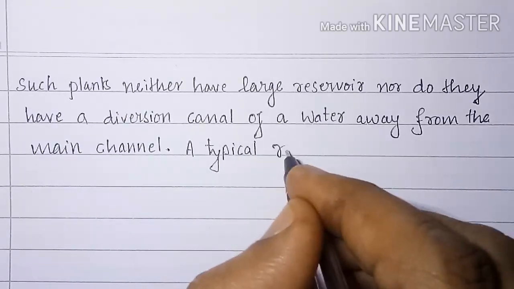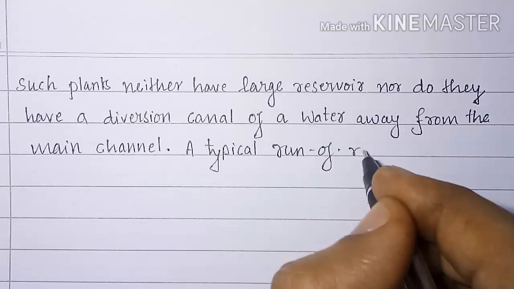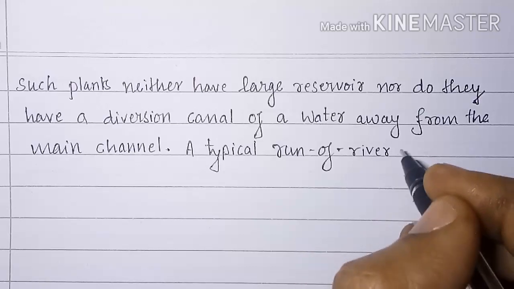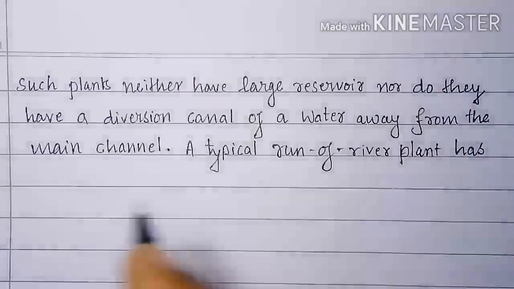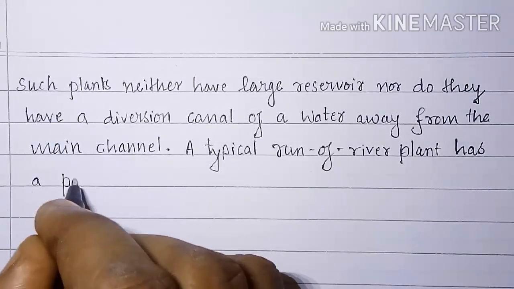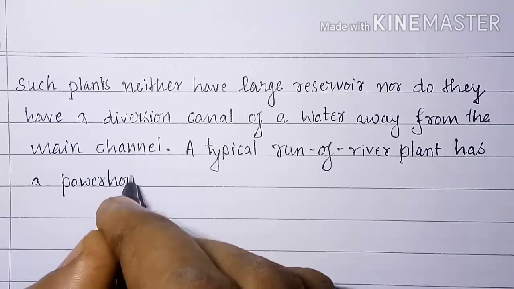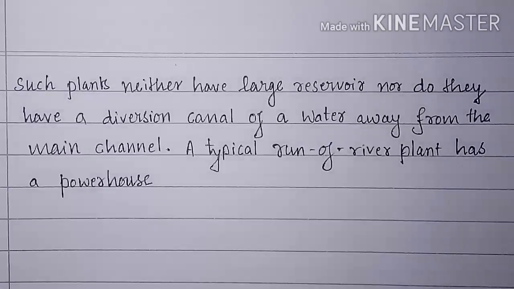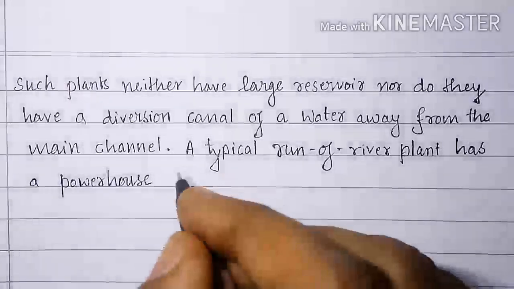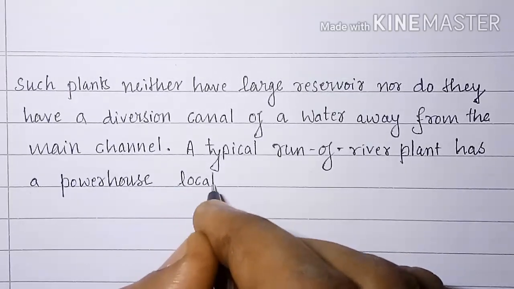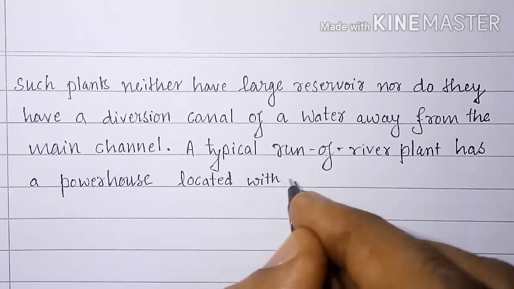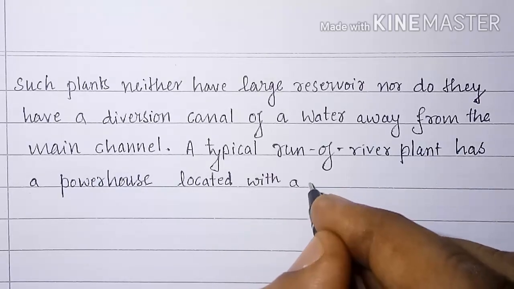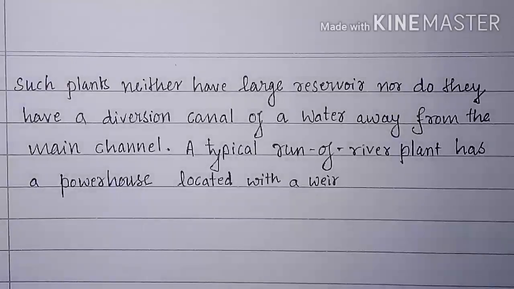A typical runoff river plant has a powerhouse located with a weir.